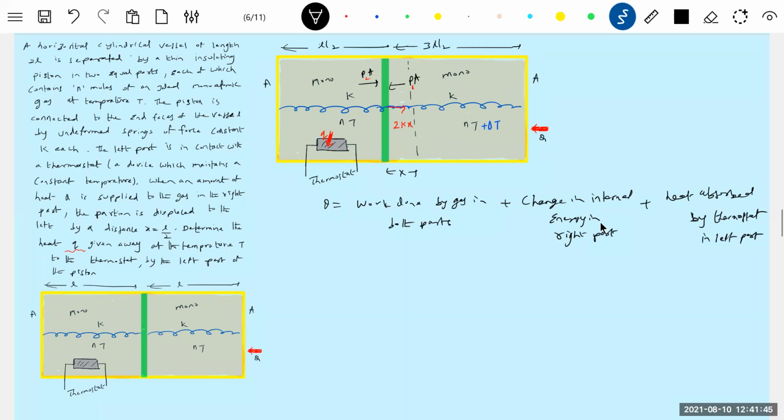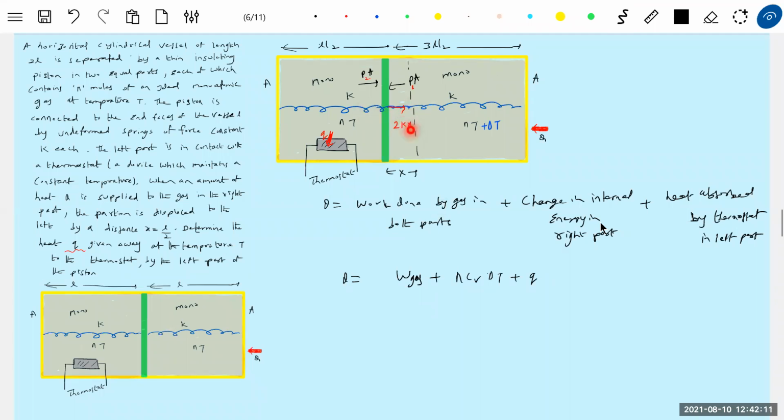Now you can straight away start objecting: sir, you're not bringing the spring force, CV changing temperature delta T, this is Q. Sir, work done by the gas, what about the work done by the spring force, why are you not bringing it?